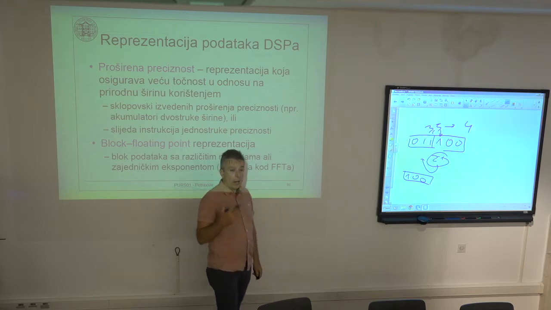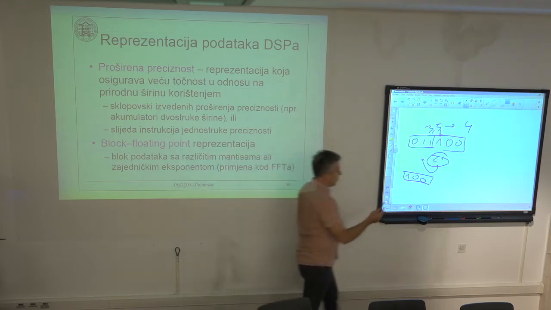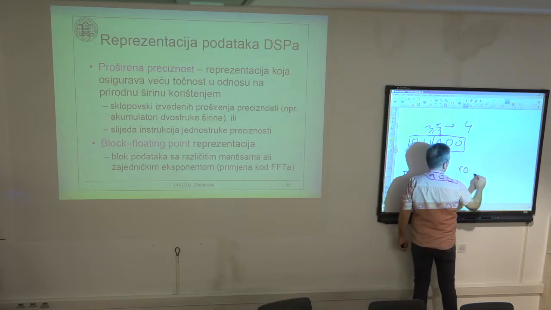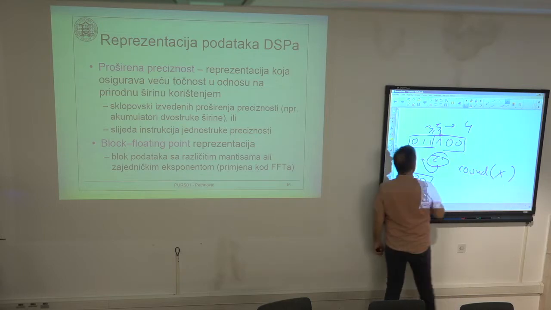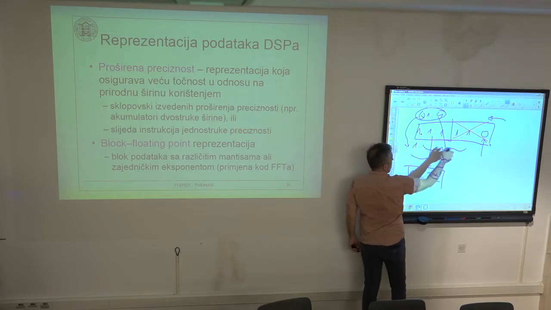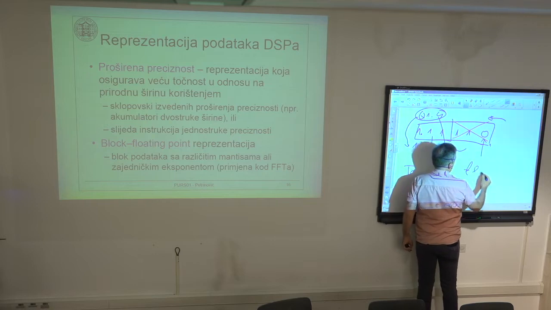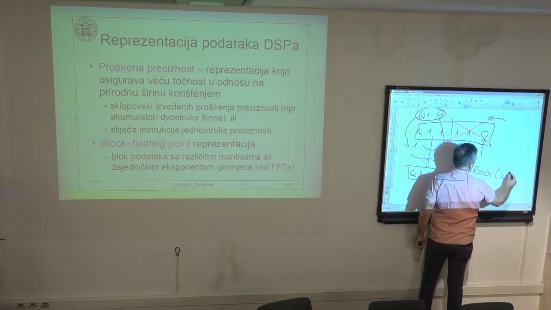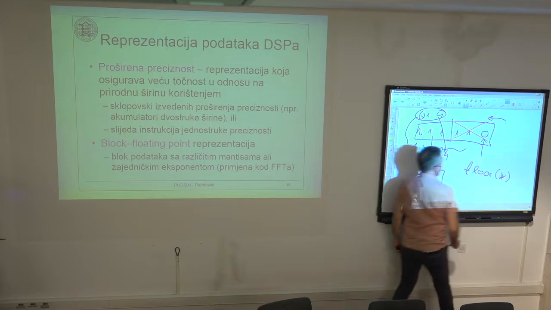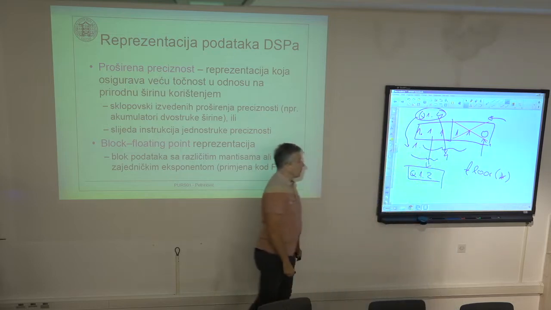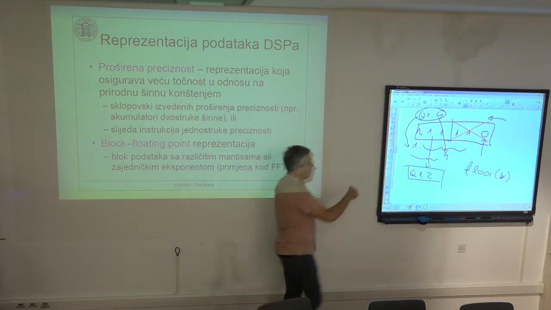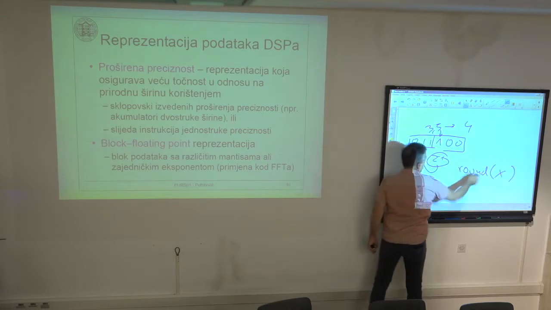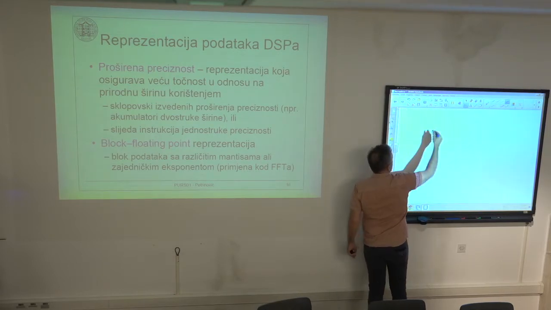This operation of rounding in MATLAB is simply the function round of value x, and the other function here is floor in MATLAB. If you want to simulate this operation in MATLAB, you take floor of x, and it will take only the integer part of the real number. The first lower integer value would be chosen from the real value.